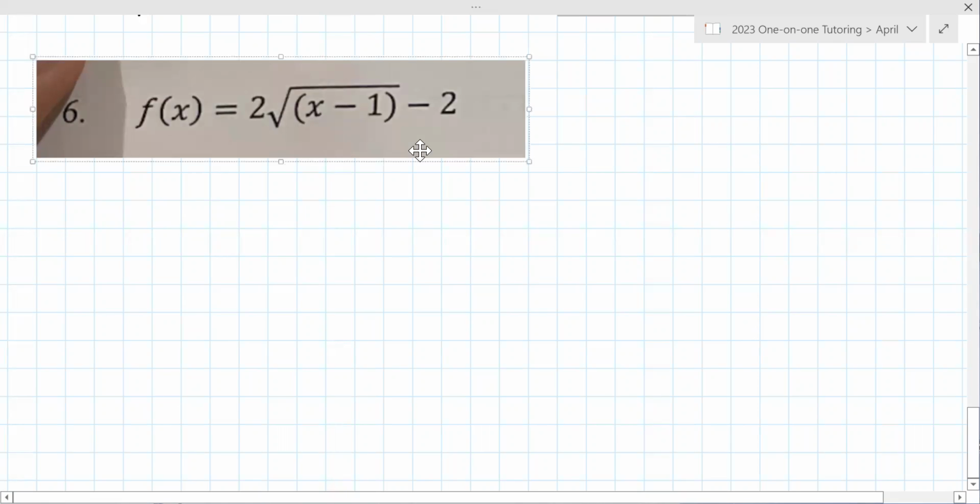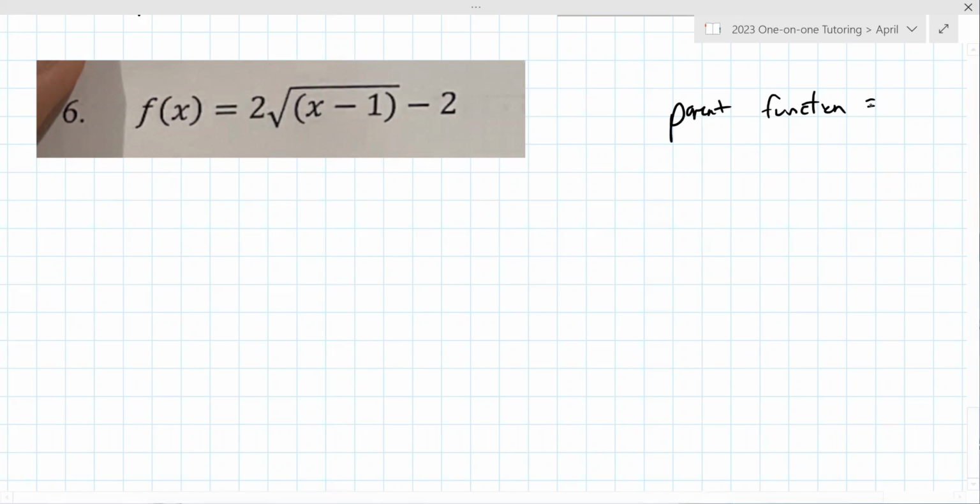So this is not a quadratic. This is not an x squared. Do you remember what this function is? I know what that is. That's an X again. That's not x. I mean, x is in it, but what's the parent function?